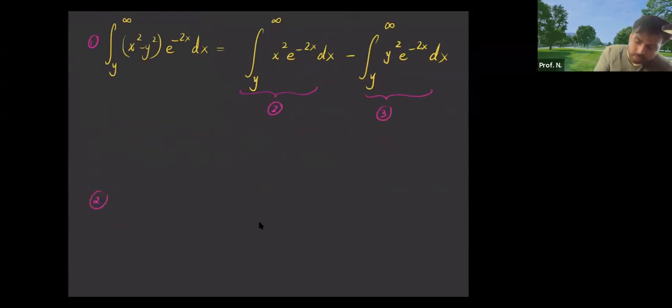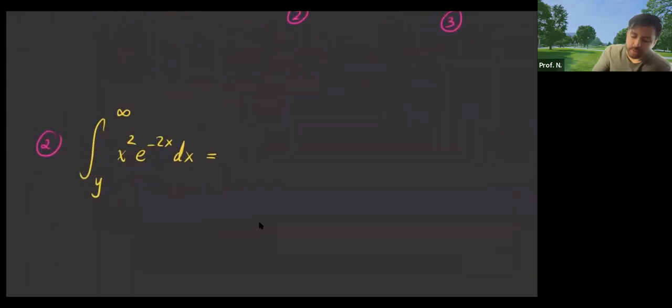So what's number 2? The integral from y to infinity of x squared e to the negative 2x dx. There is no slick way other than just to do it. So u equals x squared, u prime equals 2x, v prime equals e to the negative 2x, v is negative 1/2 e to the negative 2x.